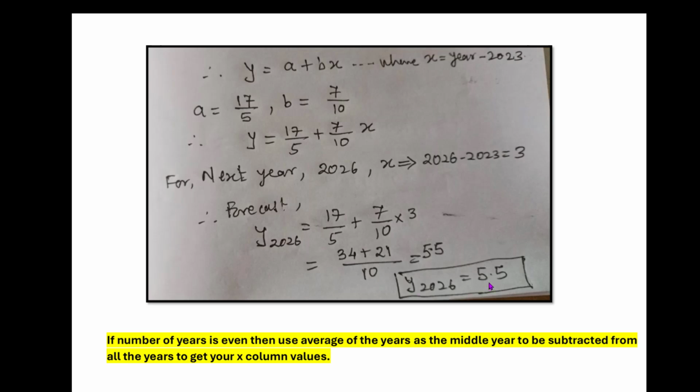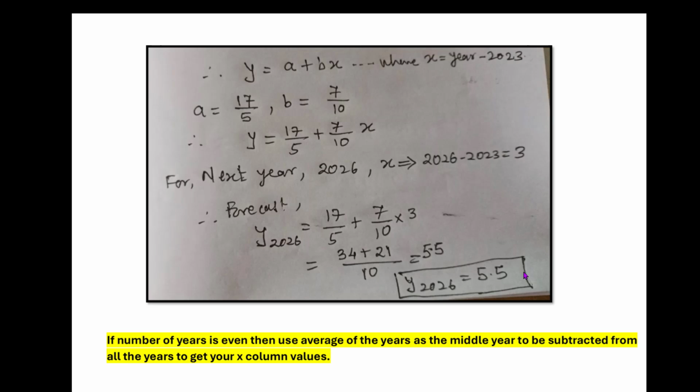So this is how we can use a shortcut method to calculate the forecast for the next year. You will require this in your seasonal forecasting, because in seasonal forecasting, in our first step, we add all the quarters to get the yearly values, and then using the year and yearly values, whether sales or demand, we need to develop linear regression.